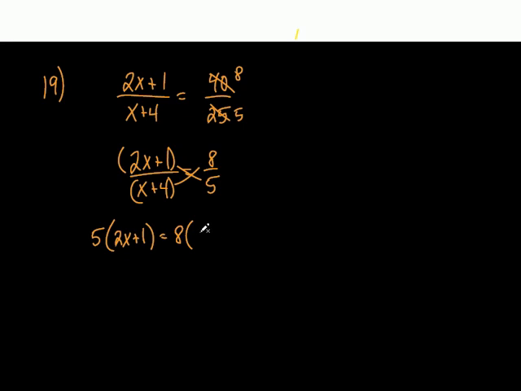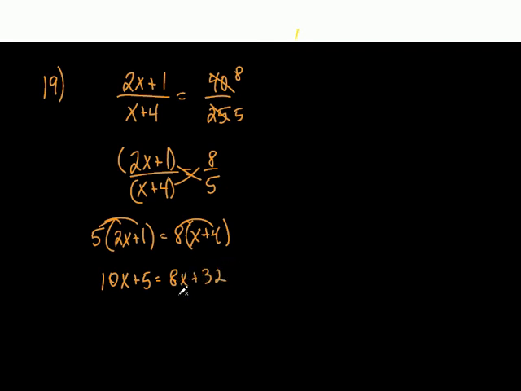So it's going to be 8 times x plus 4. All right? Makes sense. And now you can see the distributing just a little bit easier this way. I mean, some of you guys might have just been able to go from here, distribute the 5, but some of you might want to see it like this. It looks a little bit better. So let's distribute the 5. So that's 10x plus 5, and then distribute the 8. That's 8x plus 32.